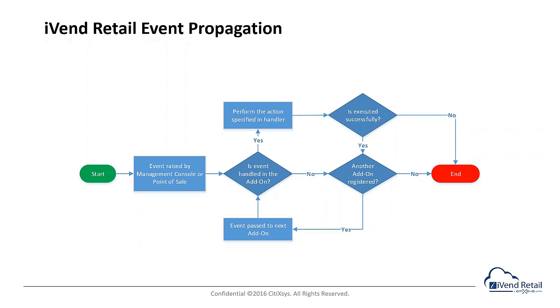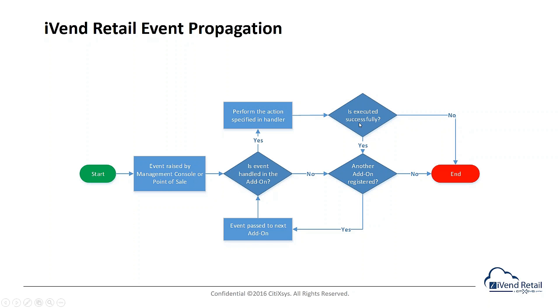When an event is raised in the management console and point of sale, it comes to the add-on layer. Once it comes there, it asks internally to the system, is the event handled in the add-on? If you have overridden the existing event, meaning you are implementing your own custom logic on that event, then you get the control, and the system will perform the action specified in the handler, which is written by you in your custom code.